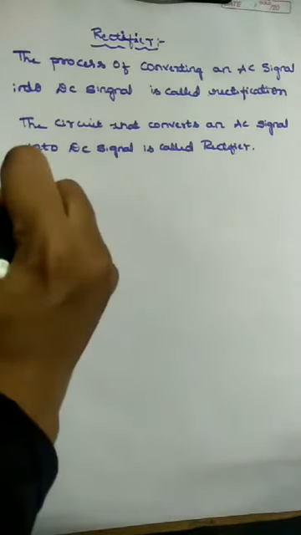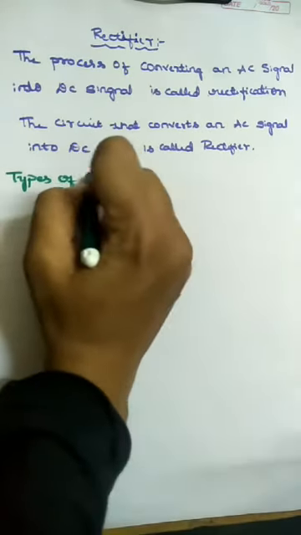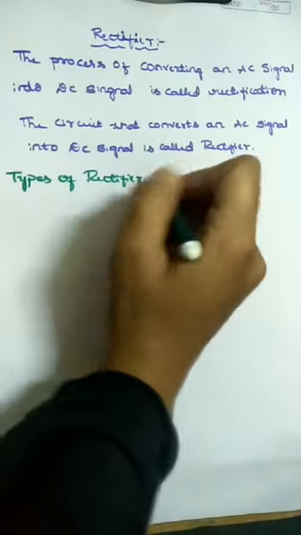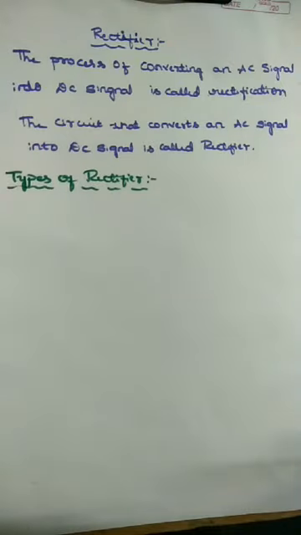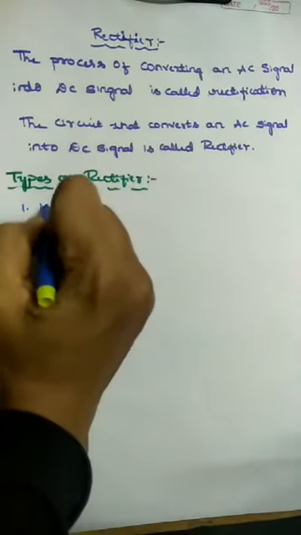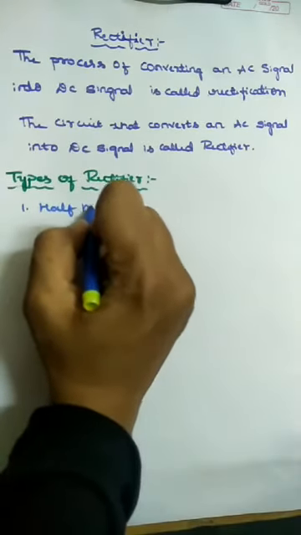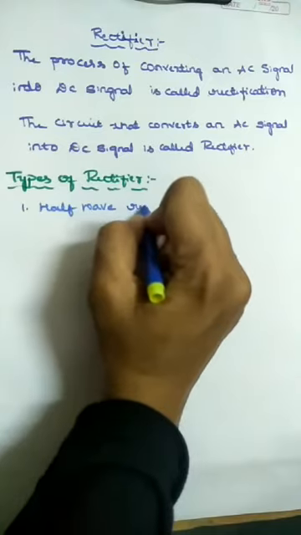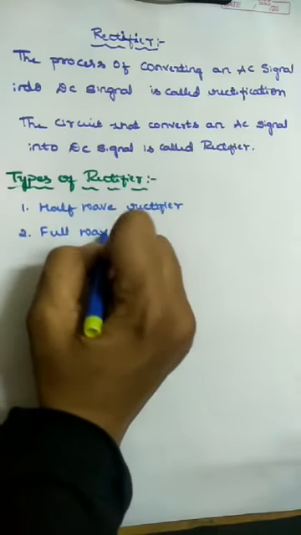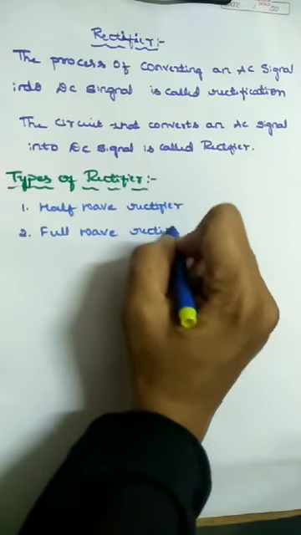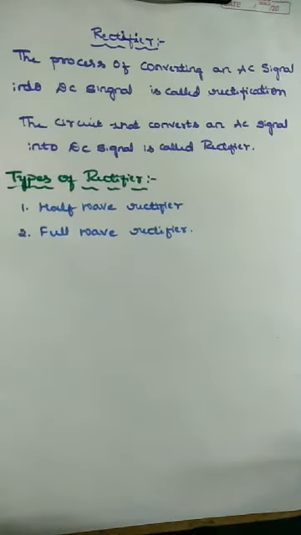Next, the types of rectifier. Mainly there are two types: one is the half wave rectifier, and the second one is the full wave rectifier.